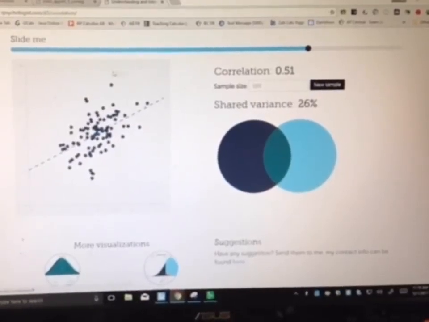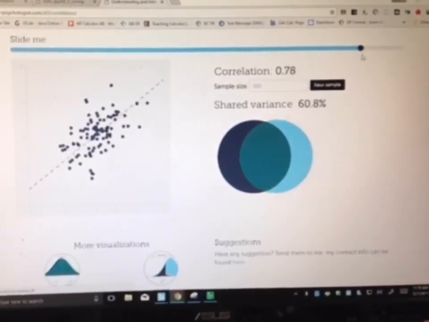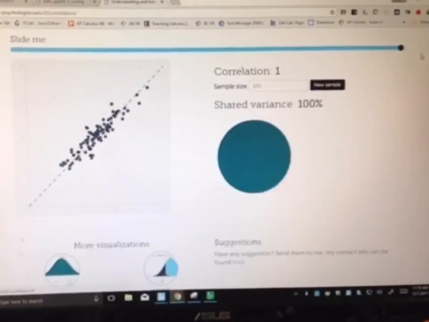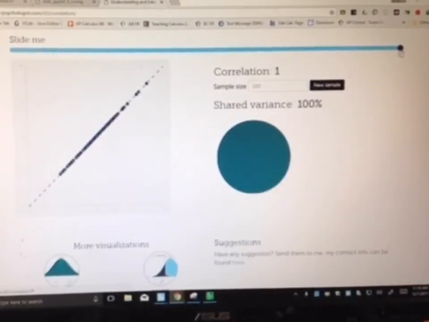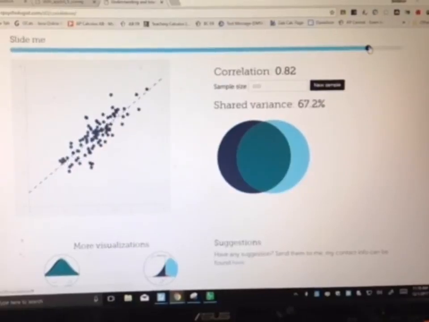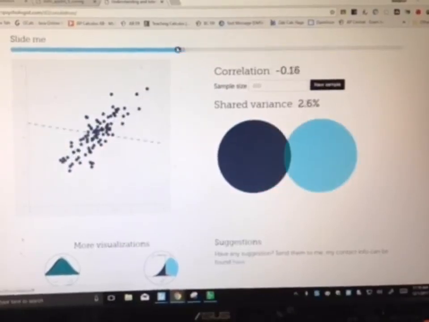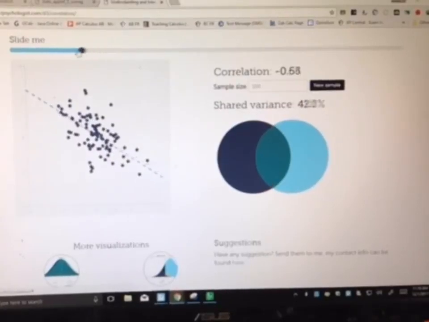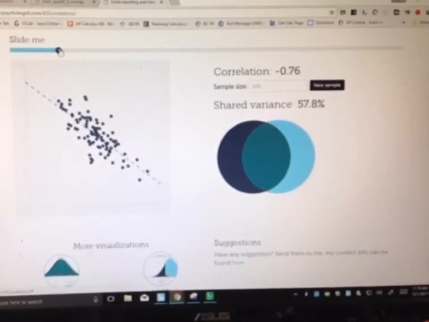So now we're getting a little skinnier ellipse. It's getting closer and closer to linear. And of course, the higher you go, the more those points are going to look linear. If I go all the way to 1, they're all on the same line. So there's like 0.82. You can see how linear that is. And then going negative, see how that correlation would look.